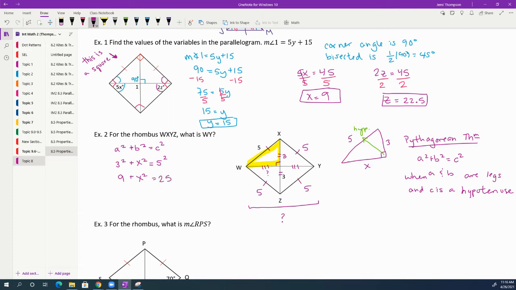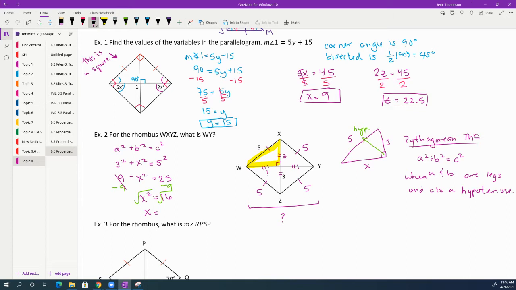To get X squared by itself, subtract the 9. 25 minus 9 gives me 16. Take the square root of both sides to get X by itself. So the inverse of squaring something is taking the square root.